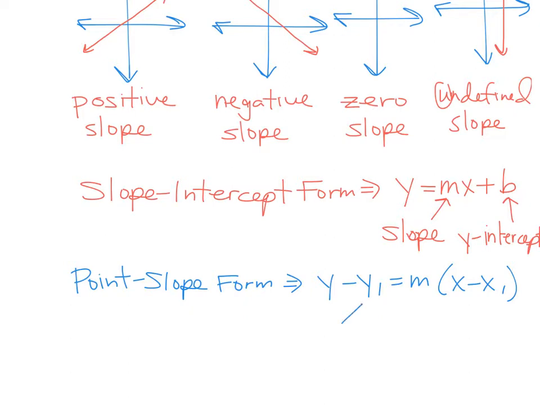In this one, this is your y coordinate and your x coordinate. And then you still have that slope in the middle. Okay, so that's kind of your setups for the forms. What we're going to do is we're going to graph in those forms. So I'm going to show you kind of how they play out a little bit. And then I got a couple more examples for you.